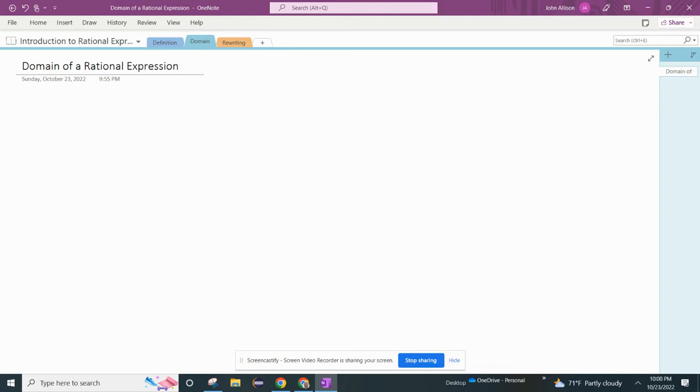The domain is all real numbers except values that make the denominator 0.